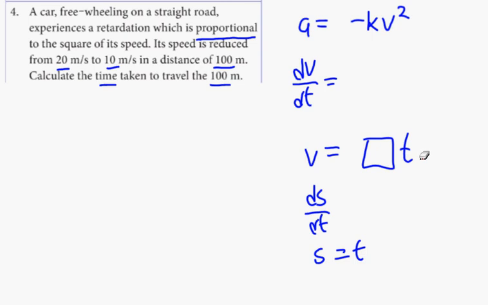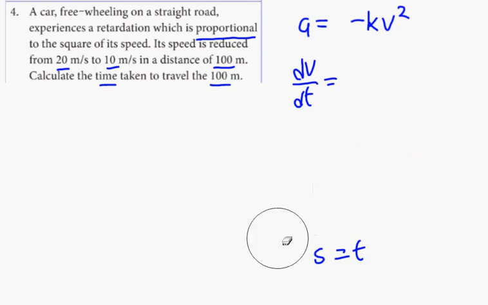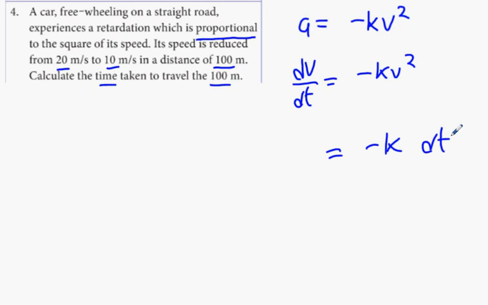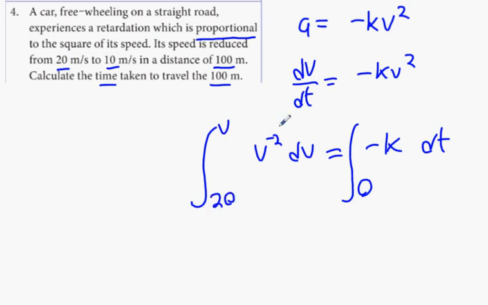So what we're going to do is dv dt equals minus k v squared. Minus k dt ends up to be 1 over v squared dv. 1 over v squared is v to the minus 2 dv. Integrates, t from 0, but v started off at 20. v and t.